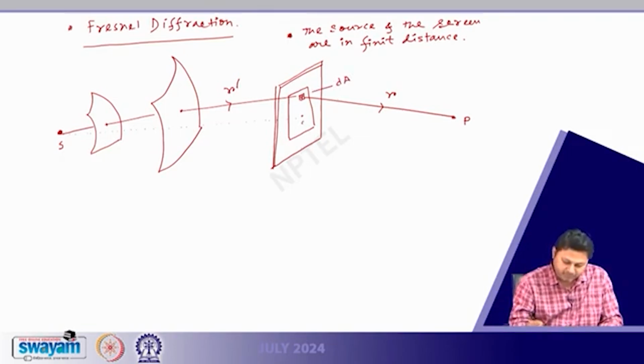This is the point O, and this is the structure we have in our hand.